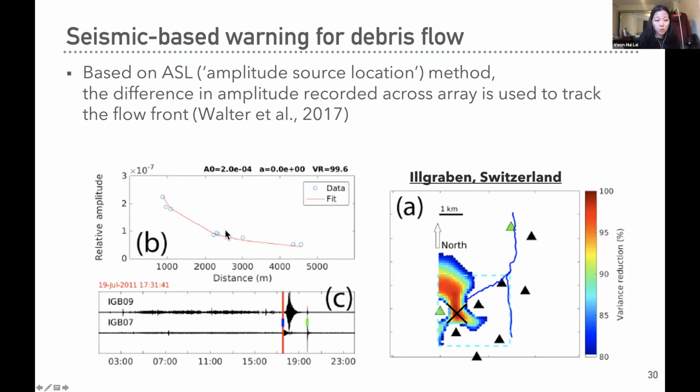That's shown by the curve right here. And using this difference in amplitude, they can grid search and track the flow front, as shown in the map. This is a very powerful technique, but at the same time, it still relies on relative amplitude and a group of stations.